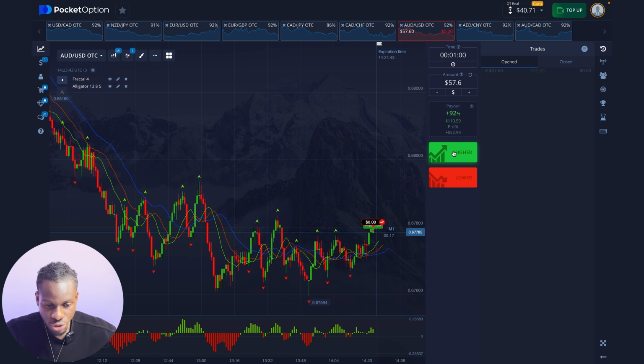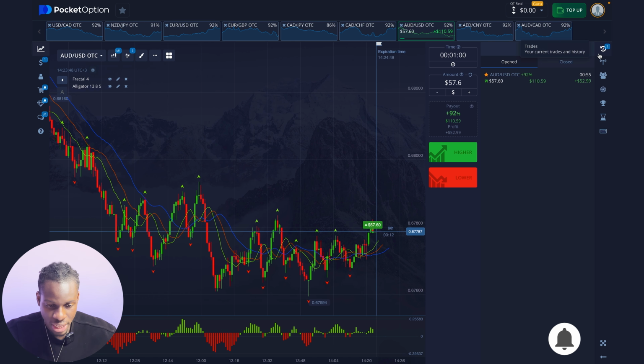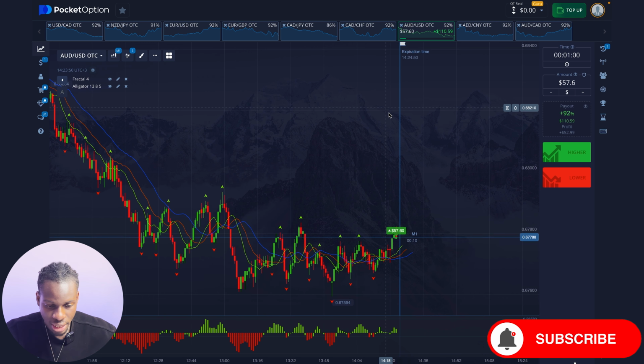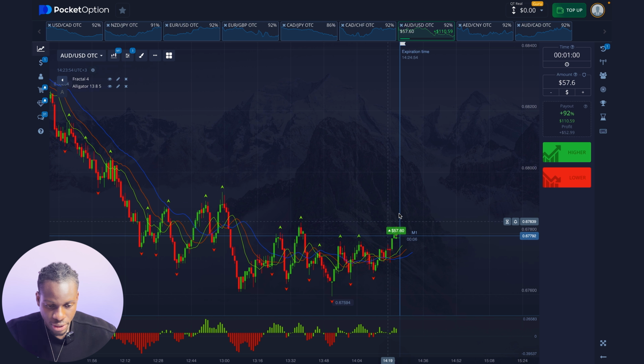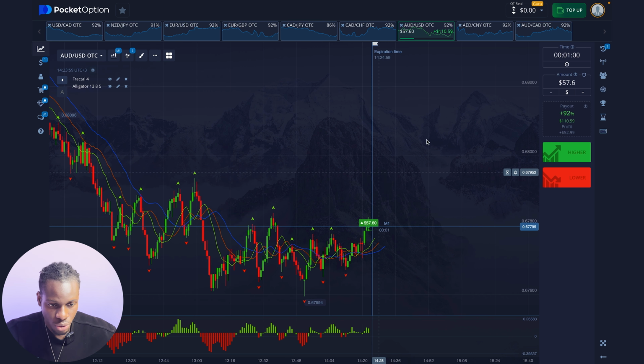Okay, so we lost the first trade. Just like I mentioned, we already prepared for that. So we took our next trade because I really do believe this will go in our direction upwards. We just took our new entry. Had a bit of bad luck with the first trade. Let's see how this one closes.